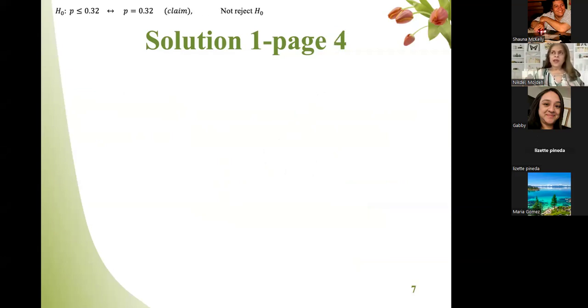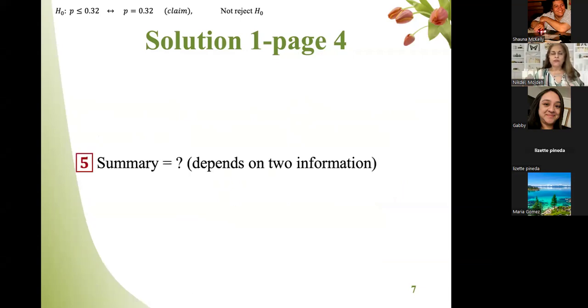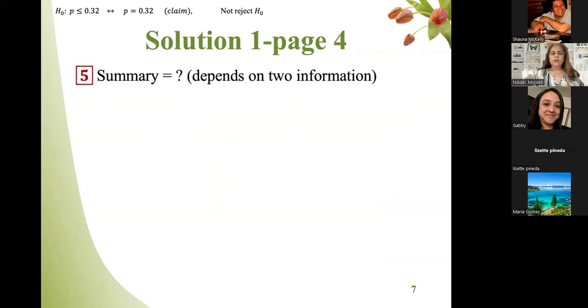Last step, we have to summarize our result. Summarizing the result depends on two things again. What was our claim? In this example, the claim was H0, null hypothesis, and in step 4, we did not reject null. So claim H0, and we did not reject H0.